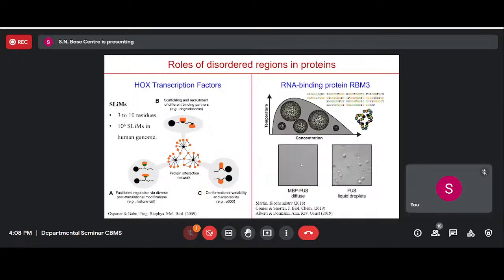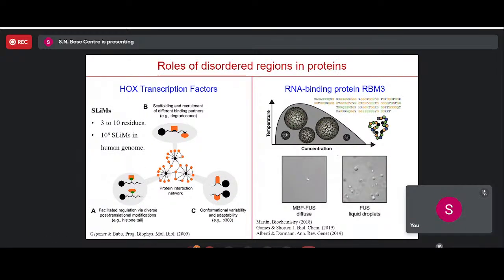So how do these intrinsically disordered regions in proteins help in protein function, right? Because they do not have any shape, they do not have any structure. It turns out that there are two major ways by which they can help. One is by facilitating protein-protein interaction. These disordered regions are actually hotspots for interacting with other proteins.